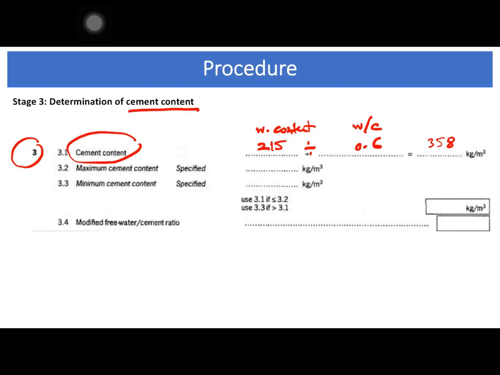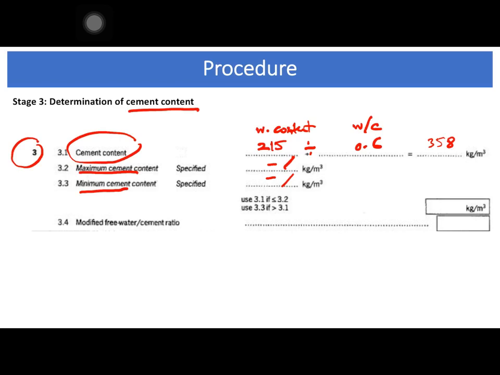Now you need to check: do we have any specified maximum cement content or minimum cement content based on the mix requirement? If we don't have, you just put a slash or nil. If we have a value, then we need to use that value or modify it.